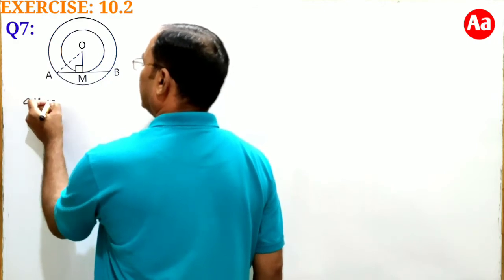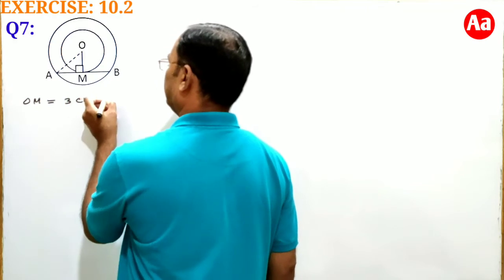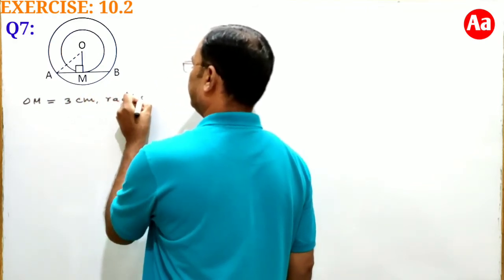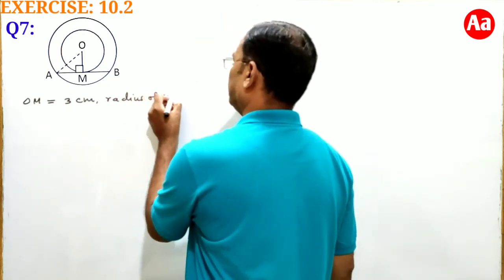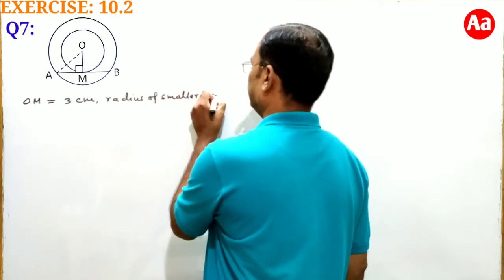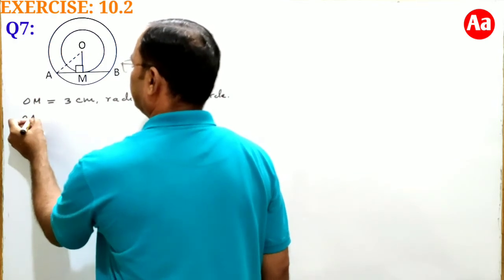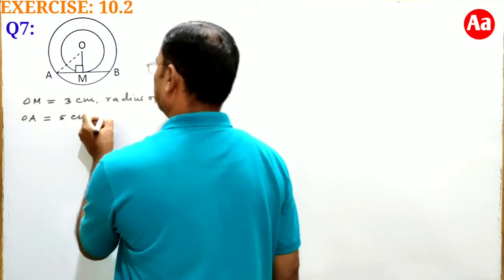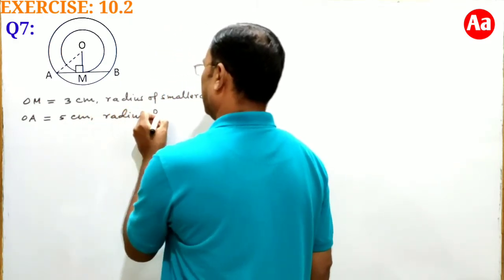OM equal to 3 cm, radius of the smaller circle, and OA equal to 5 cm, radius of the larger circle.